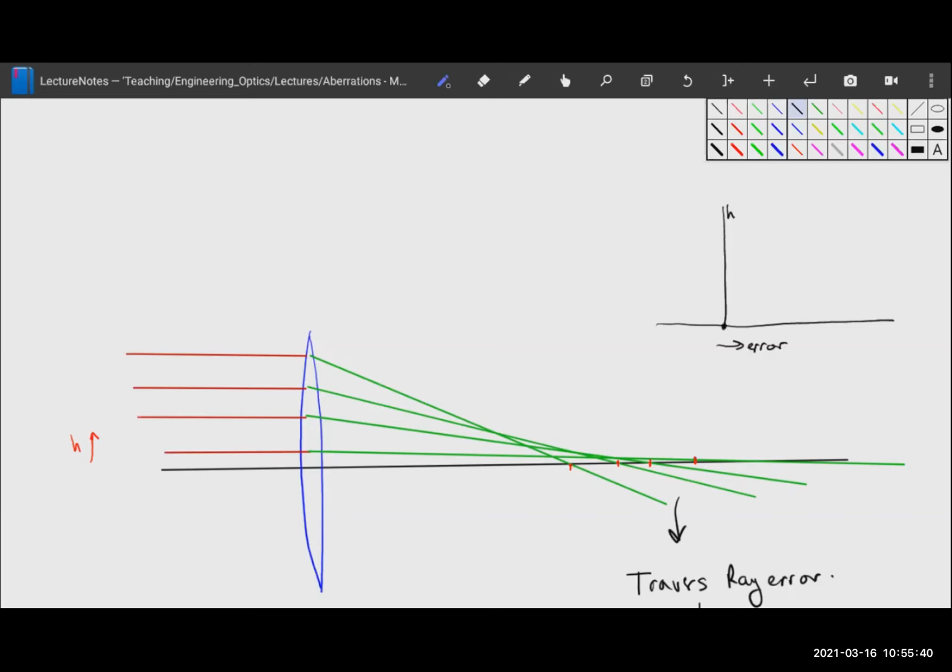Our error for our exactly middle ray is 0. Actually, let's do this in green. Middle ray is 0, and then as we go up to our next ray, which is here, we have some error. We do our next ray, which has even more error, and then finally a tremendous amount of error. And if we connect those, we can plot them. And this is our ray error. And this is actually called our longitudinal ray error.